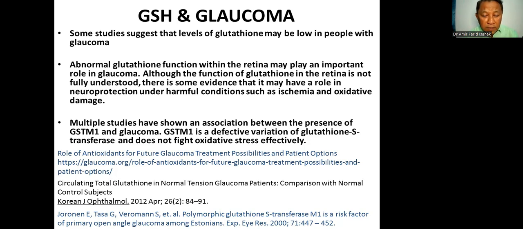So when they have GST-M1, they will require a lot more glutathione to have the same effect in fighting oxidative stress. This is what they found in those with glaucoma: they have this defect in the glutathione system. So you can see again that glutathione is involved with cataracts, with glaucoma.